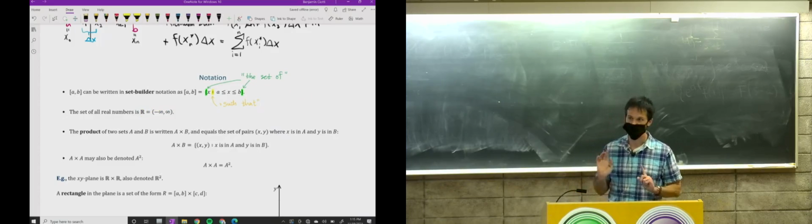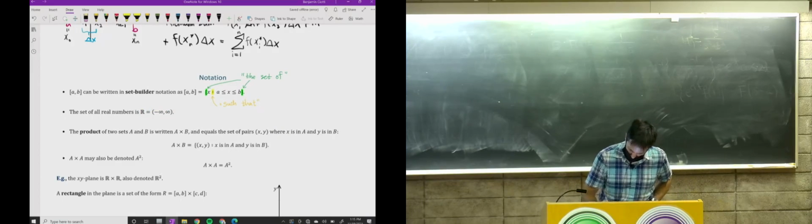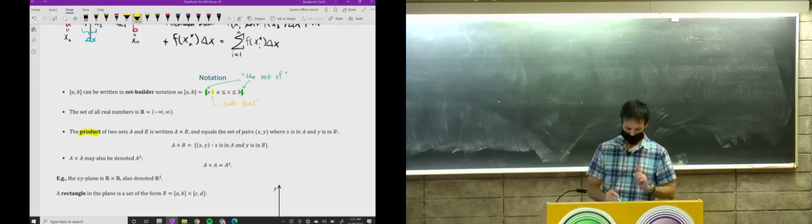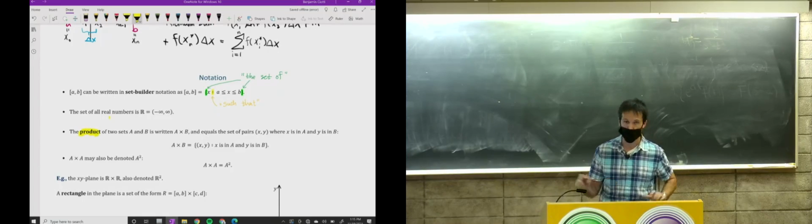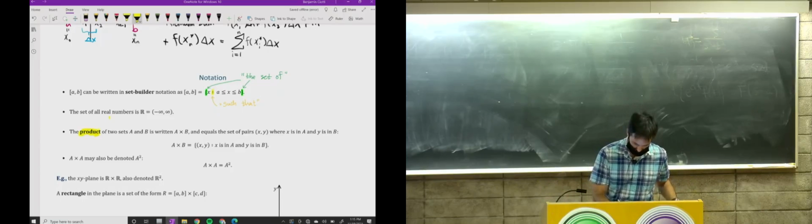If you have two sets, then you can define their so-called product. And don't be confused, by the way, with multiplication. By product, what I mean is the following.